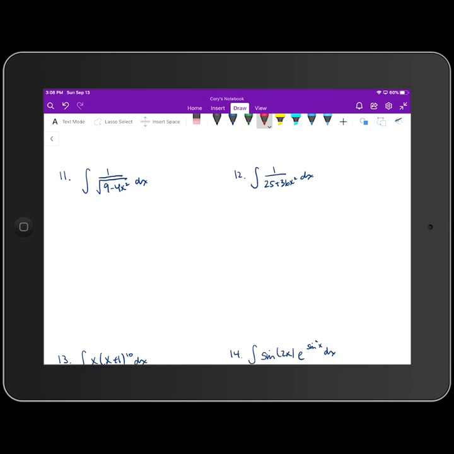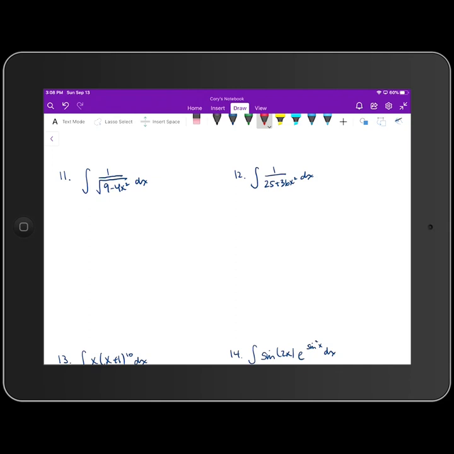So for 11, we have 1 over the square root of 9 minus 4x squared, which we are integrating with respect to x. Now, when we look here, I would say that this function most closely resembles the derivative of an inverse sine function, because it's 1 over the square root of something squared minus some function squared.